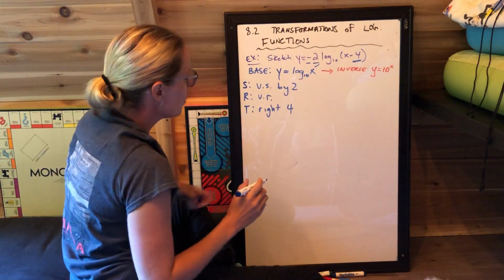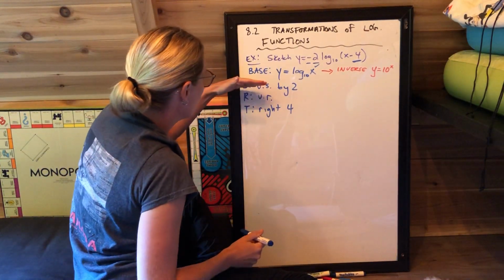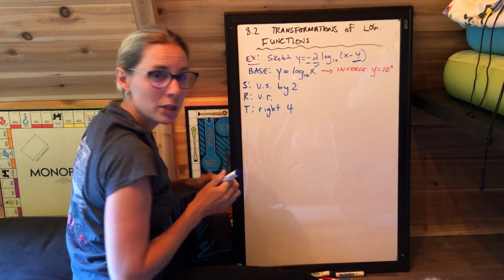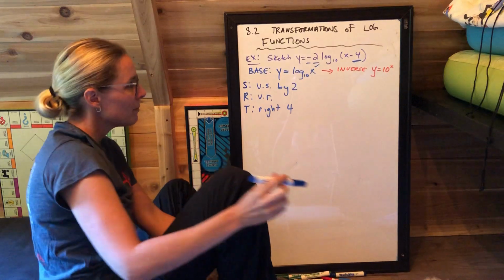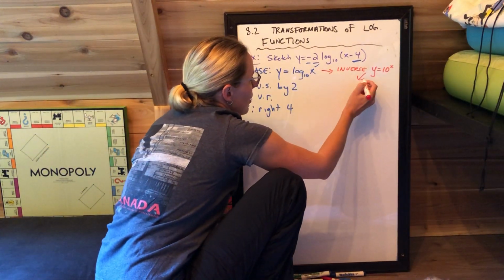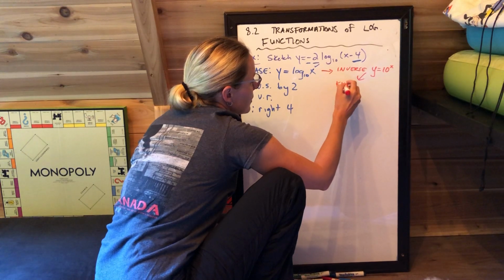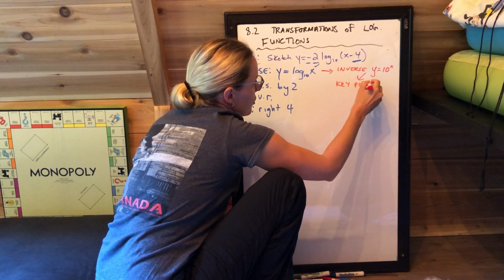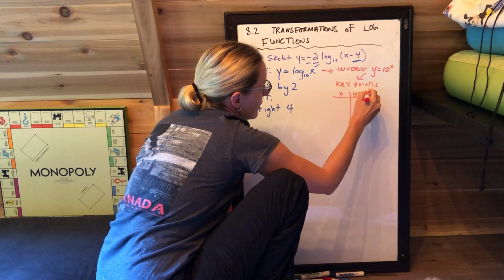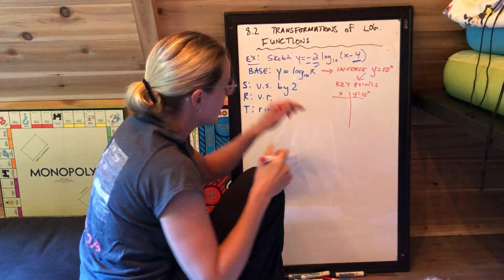Okay? So once we know what is happening here in terms of the transformations, we can start building our set of key points. And this is where I said you should look at this and remember what the key points were. You can do this on a scrap piece of paper on the side if we were just looking at the exponential function.